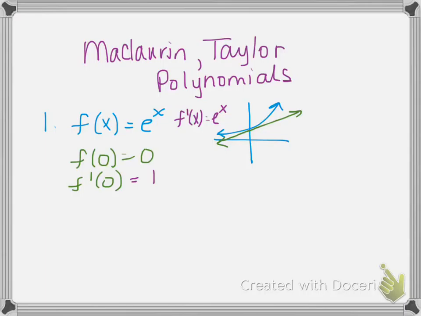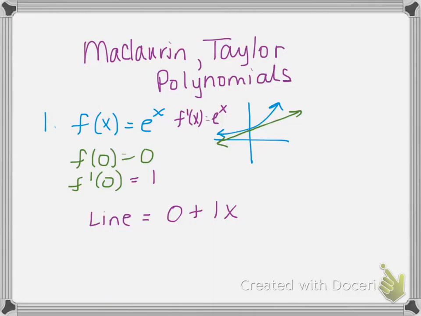So we're going to approximate it with a line, y equals 1x plus 0. I'm just going to write it backwards for the sake of the problems that we're going to be looking at.